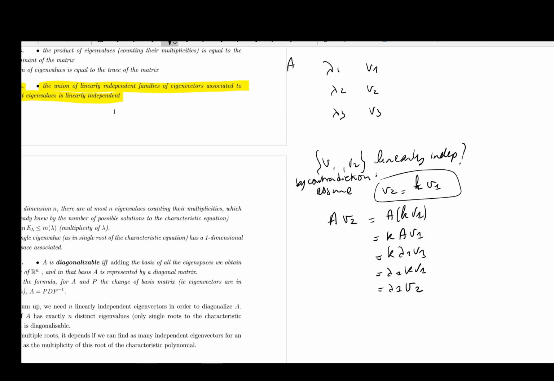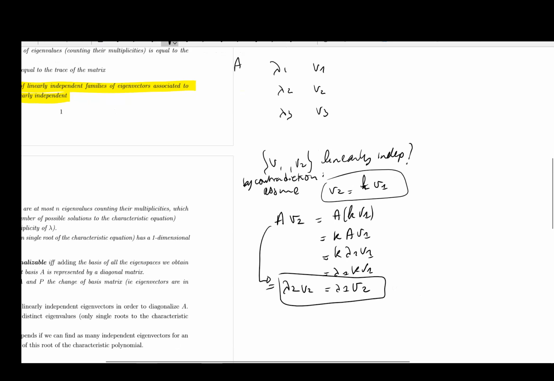But on the other hand, v2 is an eigenvector associated to lambda 2, so it should be equal to lambda 2 times v2. So what do I get? I've got this equality, and what does it mean?